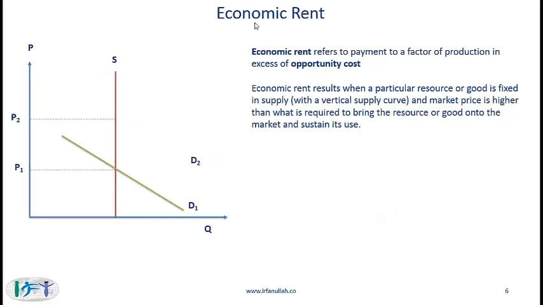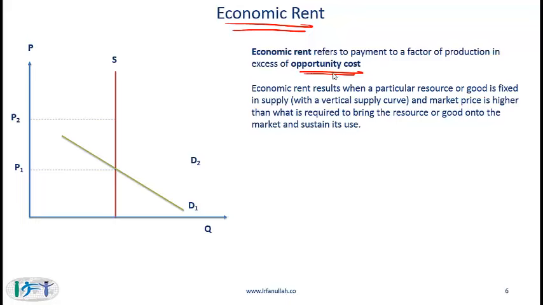Here is another related concept, that of economic rent. Economic rent refers to payment to a factor of production in excess of opportunity cost. Opportunity cost, as we've discussed before, is the cost of the next best opportunity.